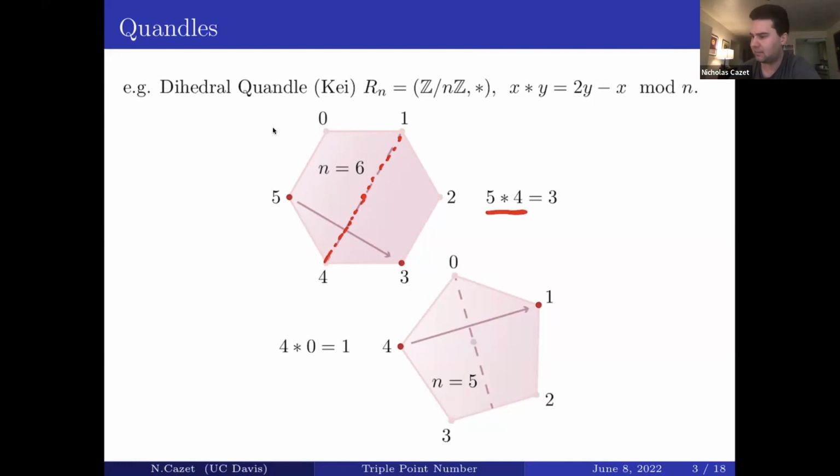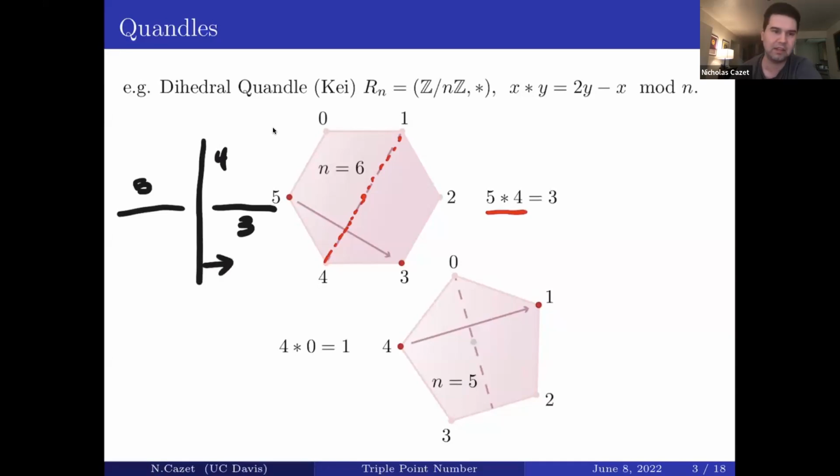And this describes how you would color actually. So you have the over strand, the under. So this would be a 5, this would be a 4, this would be a 3. And you would maybe give it an orientation that tells you which way. But for a kei the orientation doesn't matter. So it should be the same if the arrow was going the other way.